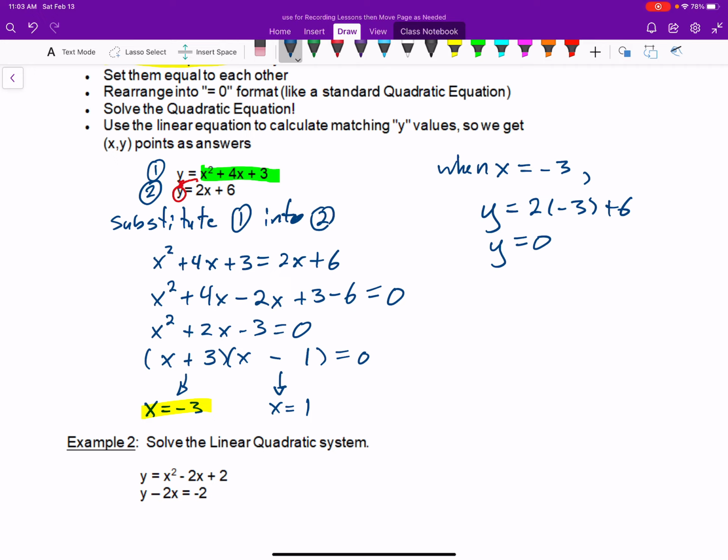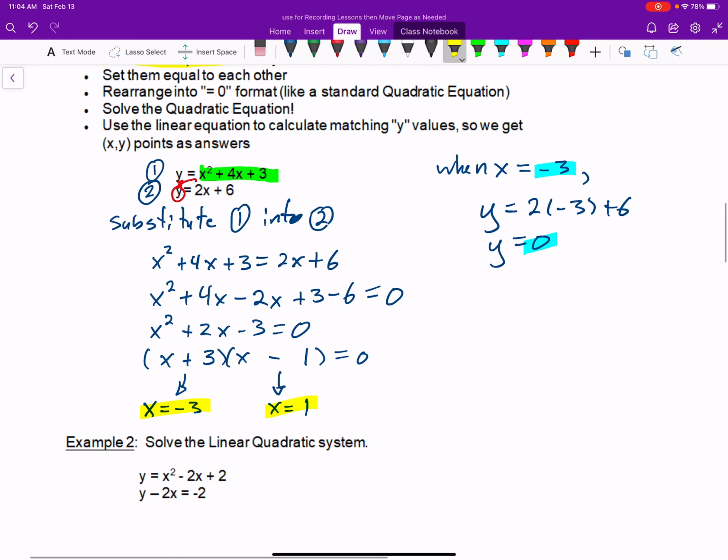So one ordered pair is going to be negative 3, 0. And then I'm going to do it again when x equals positive 1. And I'm going to substitute it into that same equation. Might as well go with the linear one again.